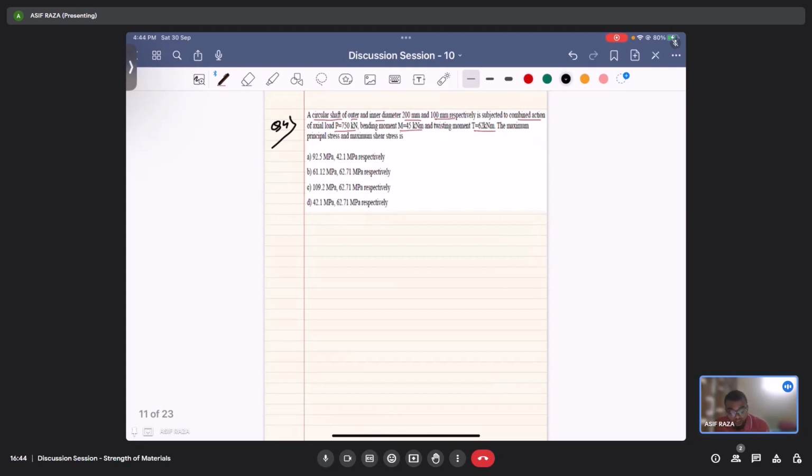So first thing is, it's a circular shaft question, so we can use the formula as given.